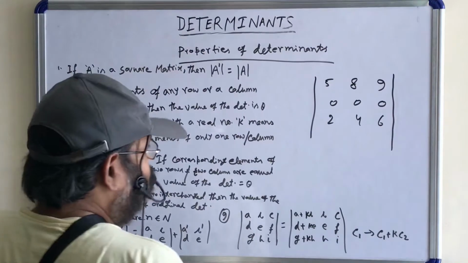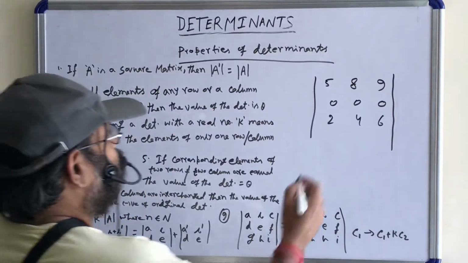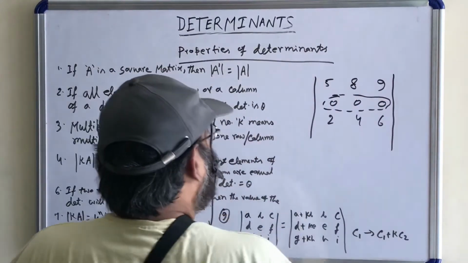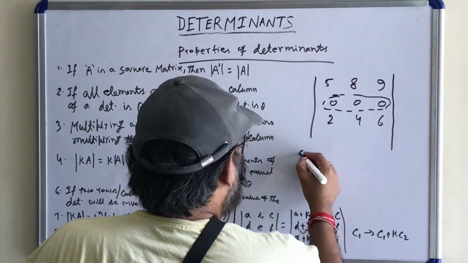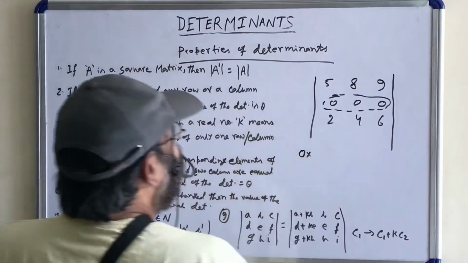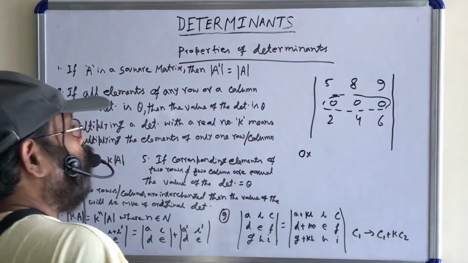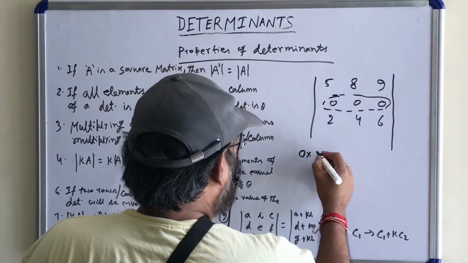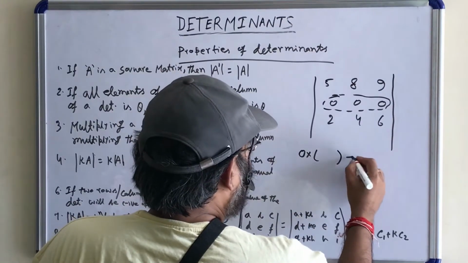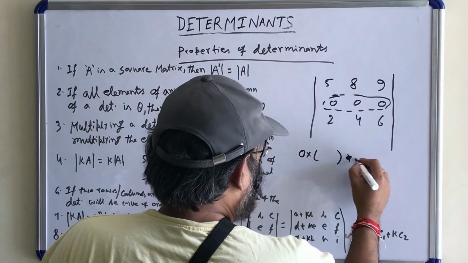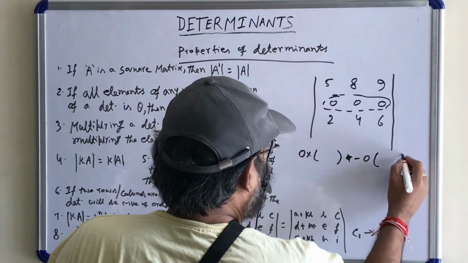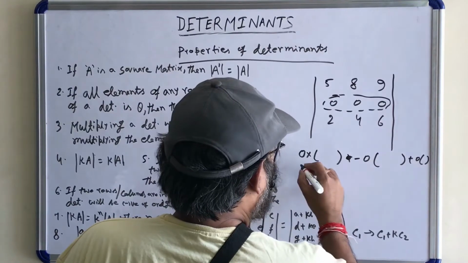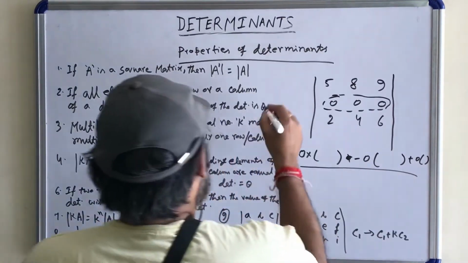Now, if we find the value of that determinant based on the zero row, then whatever the value of the cofactor 2 by 2 determinants, it will be multiplied by 0: 0 into something, plus or minus 0 into something, and then minus or plus 0 into something. So the resultant value will be 0.